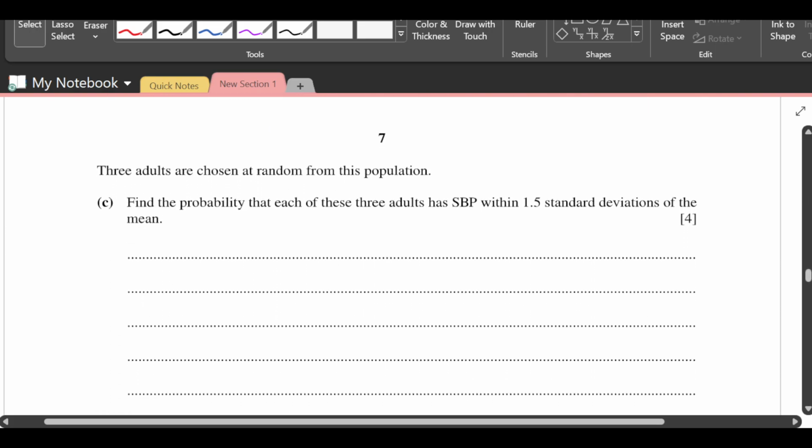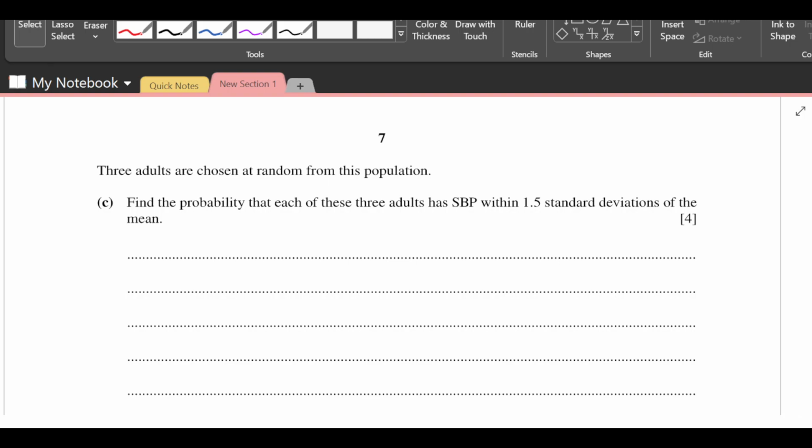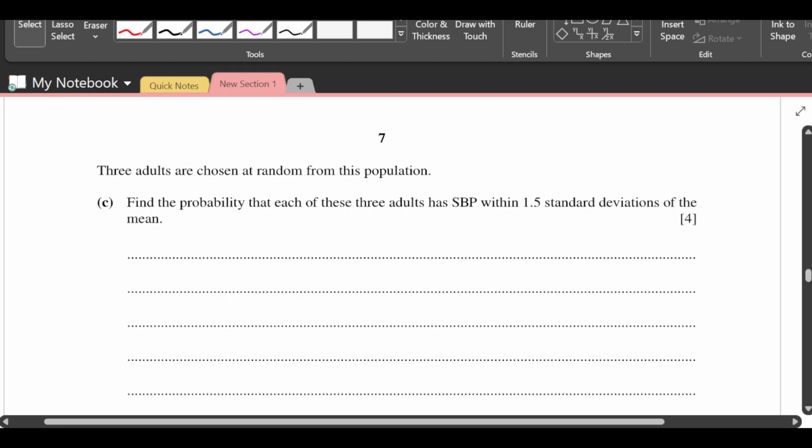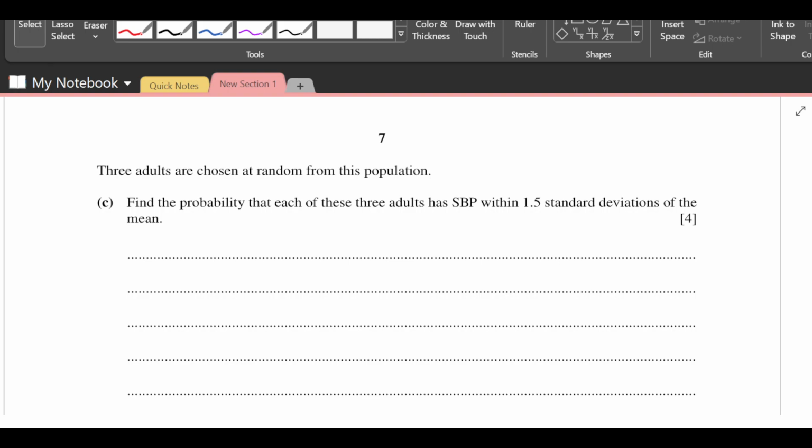So 7.66 is our standard deviation. Now the third part. 3 adults are chosen at random from this population. Find the probability that each of the 3 adults has systolic blood pressure within 1.5 standard deviation of the mean.